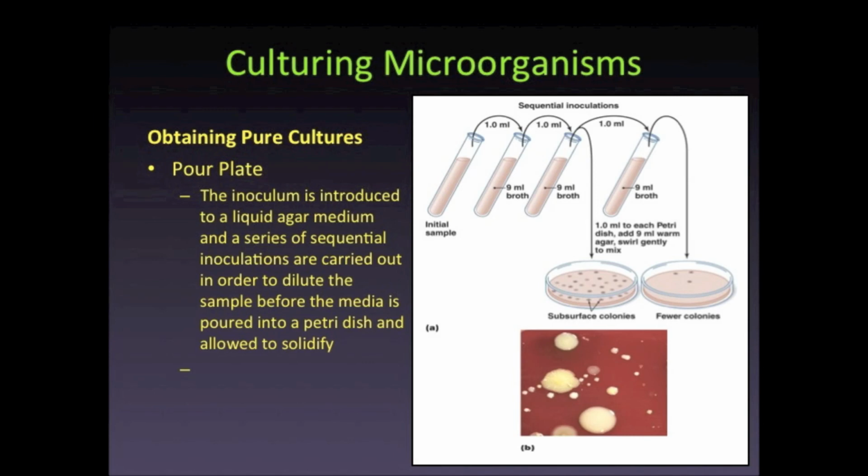In the figure shown, a 1 ml volume of the initial sample is transferred to one of the fresh tubes of medium. This is then mixed and a 1 ml volume taken and added to another test tube of medium to further dilute the sample. This is typically done until 3 test tubes have been inoculated. The tubes are each then poured into petri plates. The agar is allowed to solidify, and then the inoculated plates are placed in an incubator to allow growth.